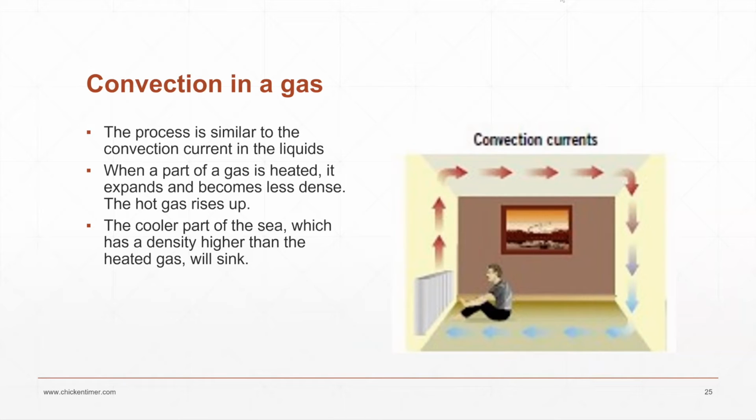So convection in gases also happens in the same way. You will have hot gases rising, and the cooler part of the room, or the gas, its density will become higher, so it will sink.